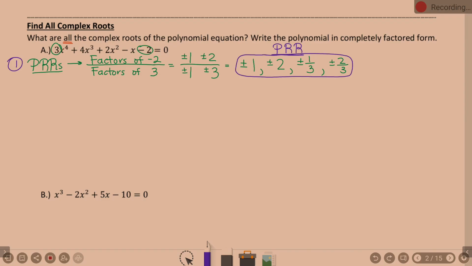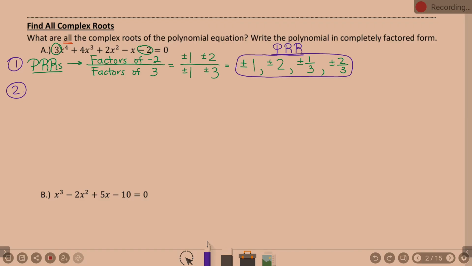Now, after you find your possible rational roots, we have to narrow it down and find which ones do work. Now, officially, I'm supposed to tell you to test all of those. Okay? And when I say test them, think synthetic division.